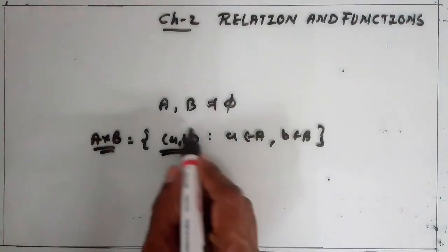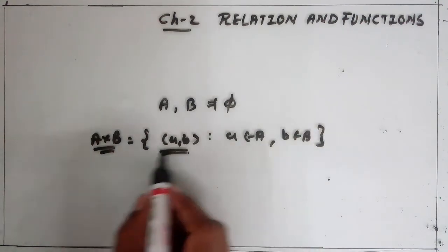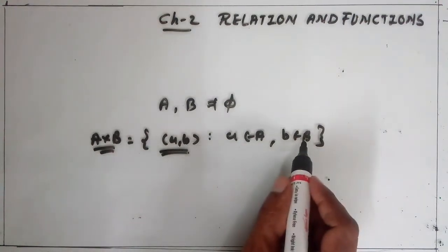So remember this Cartesian product of A and B or cross product of A and B: the set of all ordered pairs whose first element is an element of the first set and second element is an element of the second set.